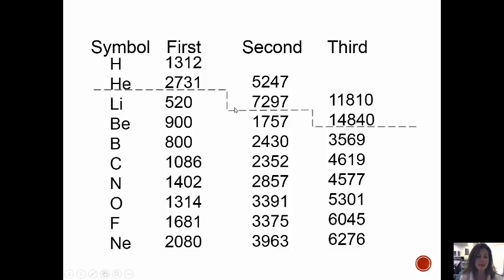What's happening at this line is, if you look, helium right here, it's a noble gas. It is happy. It has a full valence shell. If you want to try and remove an electron off of that, good luck. Why is lithium so low? Well, lithium is in group 1. It only has one electron in its valence shell.